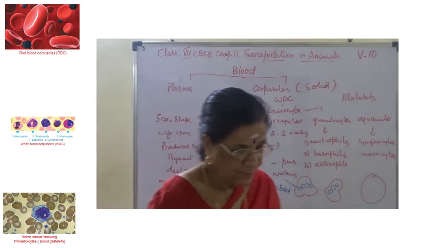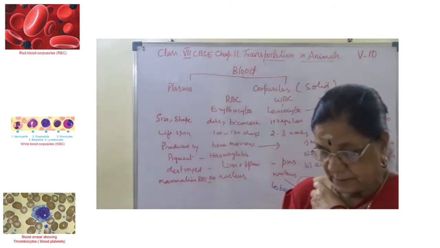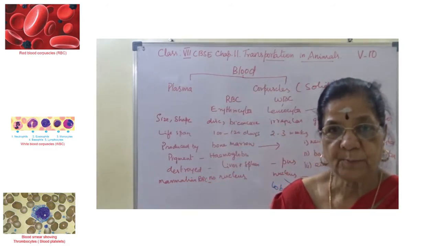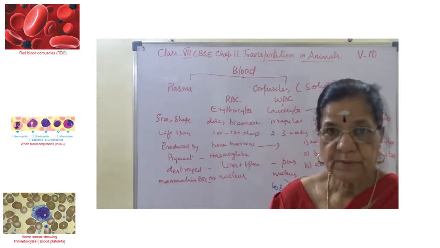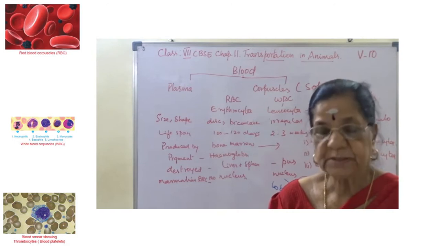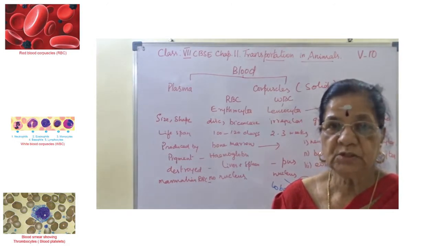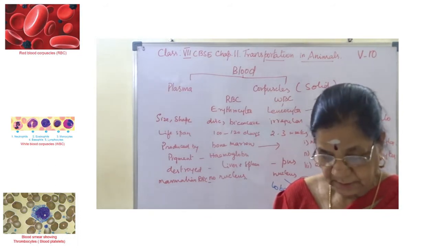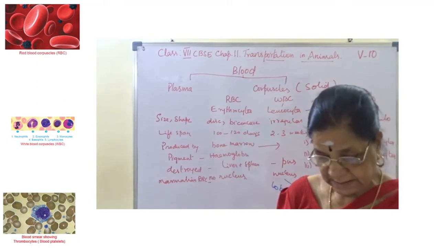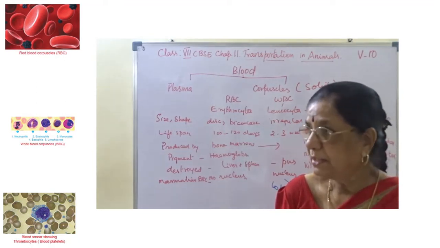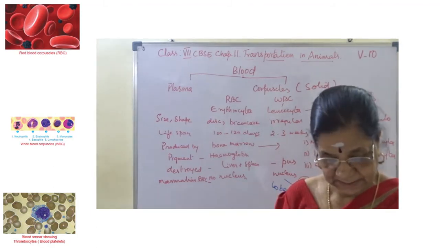Blood plasma: water acts as a solvent and suspended medium for blood components. Then plasma proteins: albumin for osmotic pressure, globulin for antibody formation, fibrinogen for blood clotting. Then ions such as sodium, potassium, calcium, magnesium and chloride are for osmosis and acid balance.